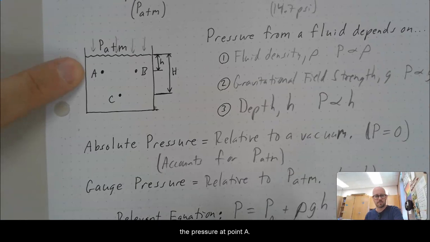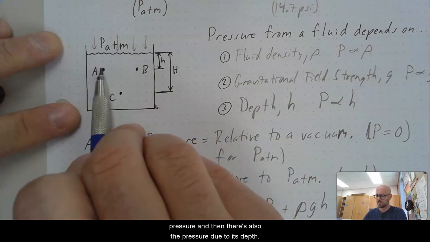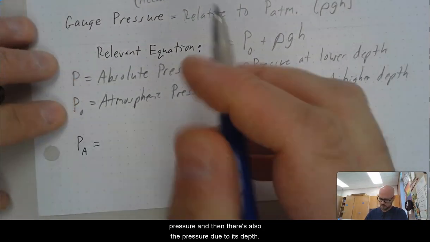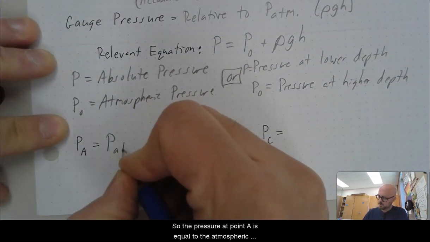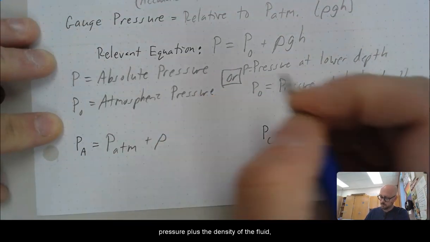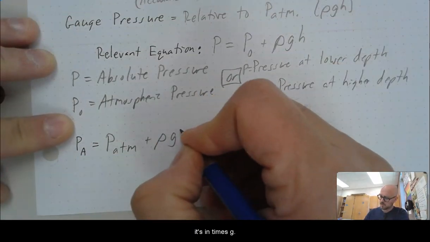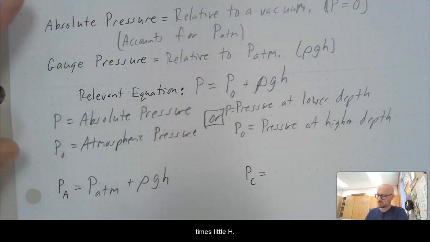The pressure at point A, if I'm going to use this equation, well, there's the atmospheric pressure, and then there's also the pressure due to its depth. So the pressure at point A is equal to the atmospheric pressure plus the density of the fluid it's in times g, and then based on this diagram, times little h.